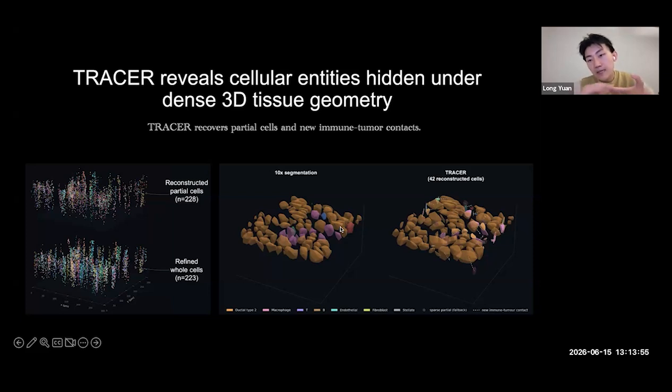So this creates new immune-tumor proximities that would be missed if we only analyzed the original 10x segmented cells. So the key biological implication is that segmentation errors do not just change the cell counts, they can erase the cell-cell context that we use to infer, for example, the tumor immune organization, which is the whole reason why we choose to use spatial technologies.